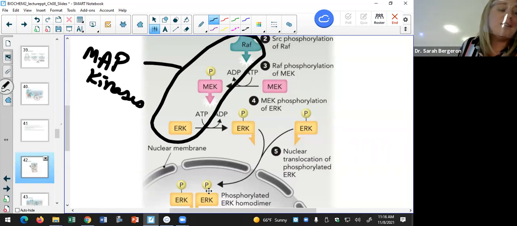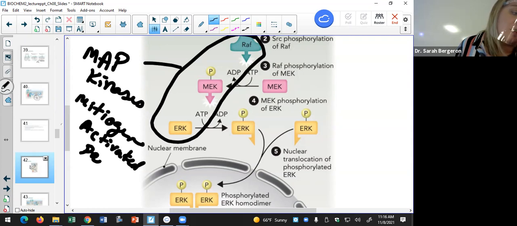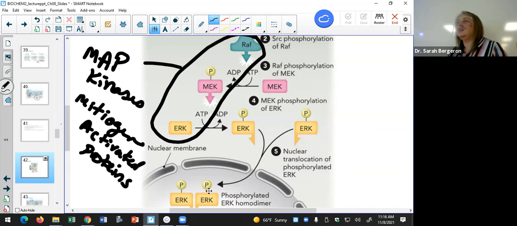The MAP kinases are mitogen activated proteins, right? So what's a mitogen? Mitogen sounds really familiar to mitosis, right? So these are things that will promote mitosis.